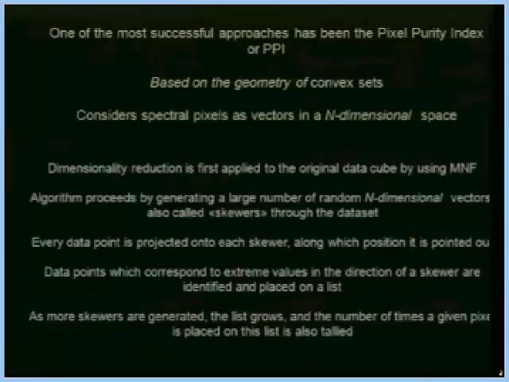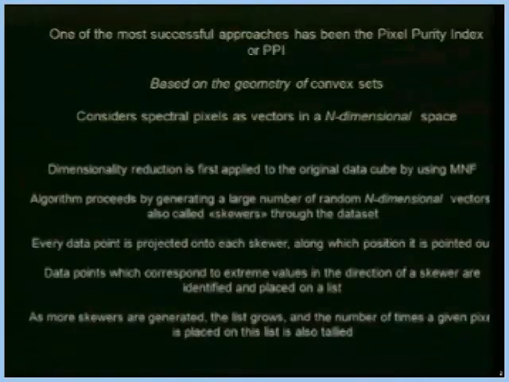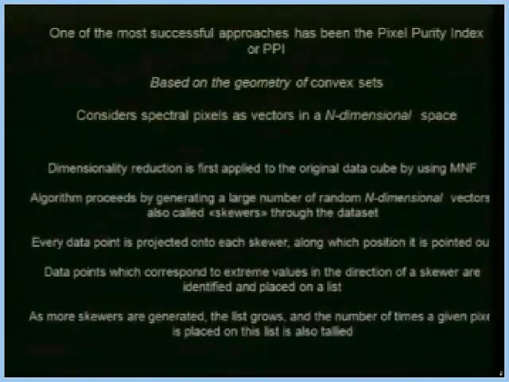Every data point is projected onto each of these unit vectors or skewers, along which its position is noted. Data points which correspond to extreme values in the direction of a skewer are identified and placed on a list. As more skewers are generated, the list grows and the number of times a given pixel is placed on this list is also tallied.